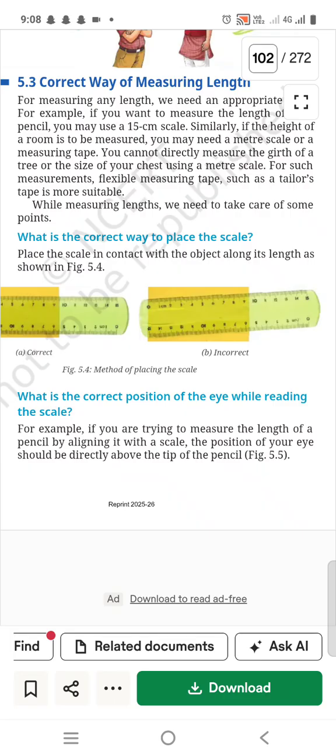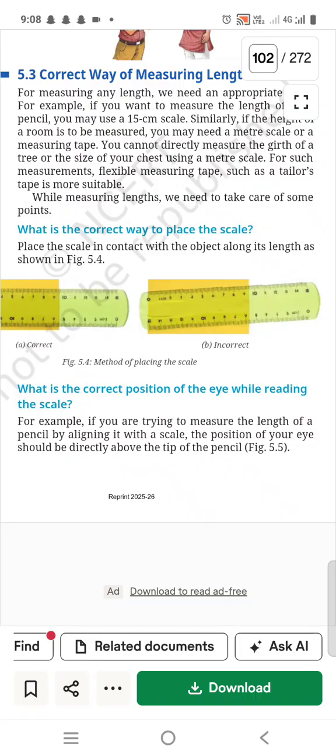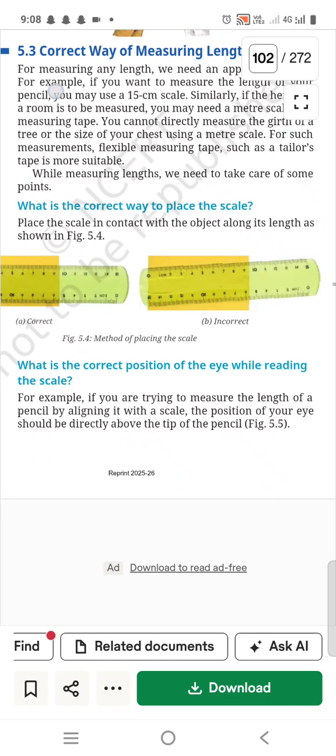You cannot directly measure the breadth of a curved object; a flexible measuring tape such as a tailor's tape is more suitable. While measuring lengths, we need to take care of some points.